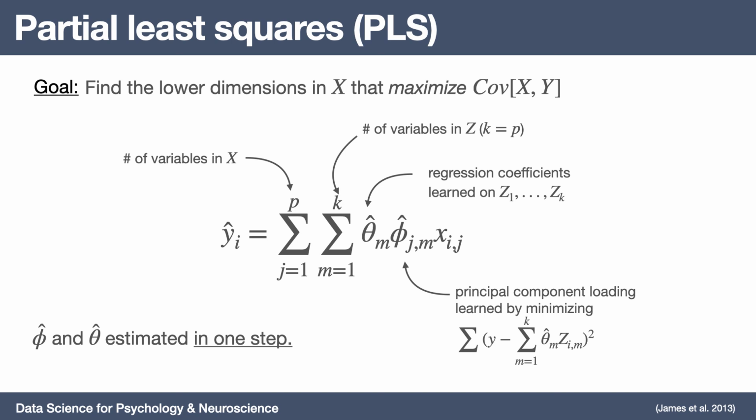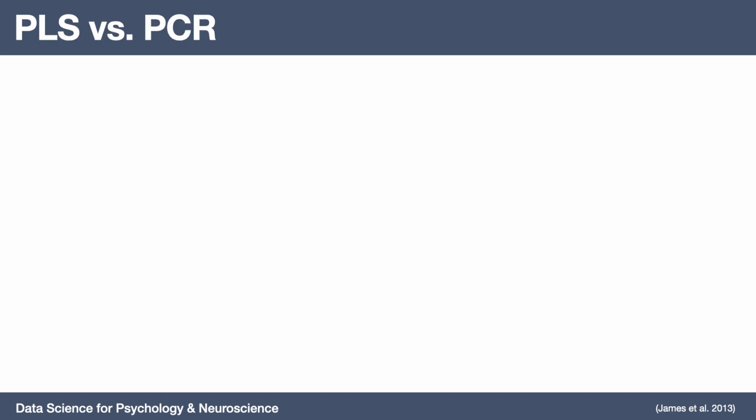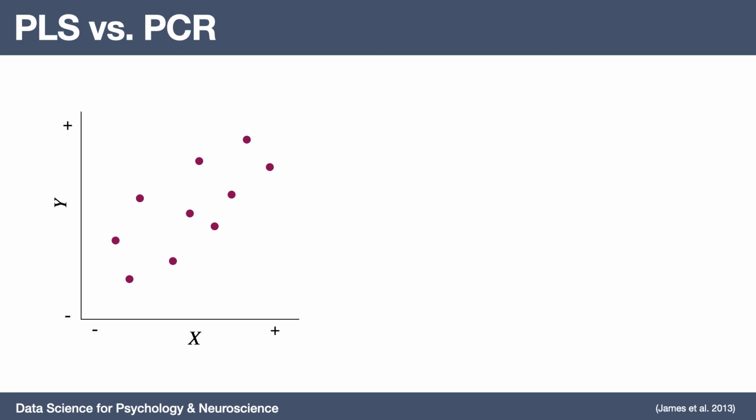Now, in most cases, you're going to get qualitatively similar results between PLS and PCR. Let's say you have a particular x and a particular y, and I'm just looking at the relationships between one of the variables here. This is just an illustrative example. You might learn a regression line with PCR that looks like this, but the regression line you get with PLS has a slight deviance from that.